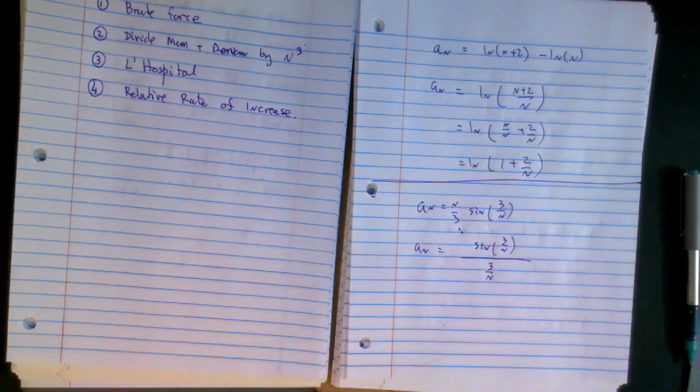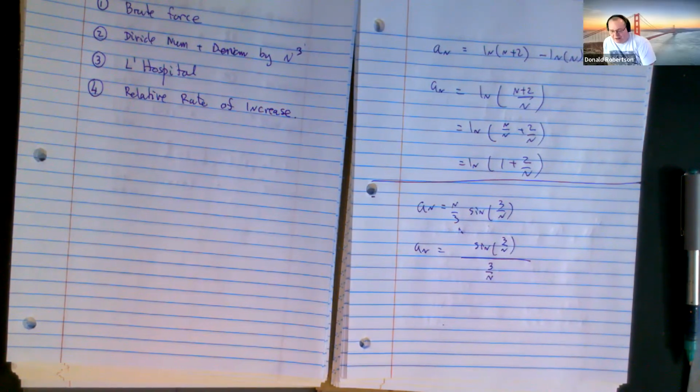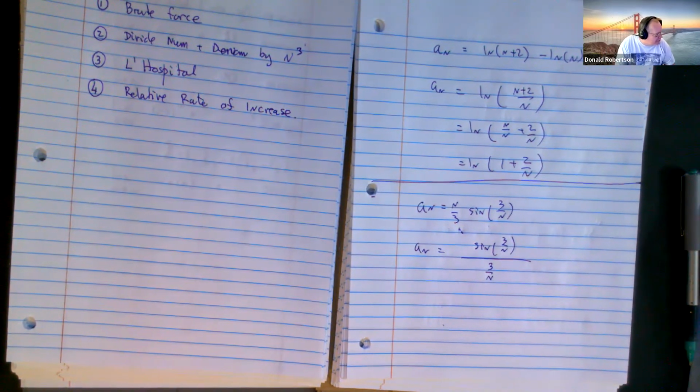L'Hopital? I'm going to use L'Hopital. Check it out. You might say, well, that's not going to do any good. Trust me, it does a lot of good. Because what you're going to end up with is the cosine of 3 over n, which becomes the cosine of 3 over infinity. The cosine is 0. The answer is going to be 1. Pretty impressive.